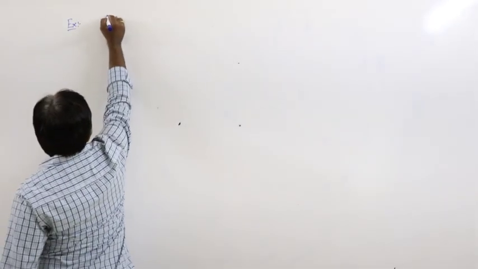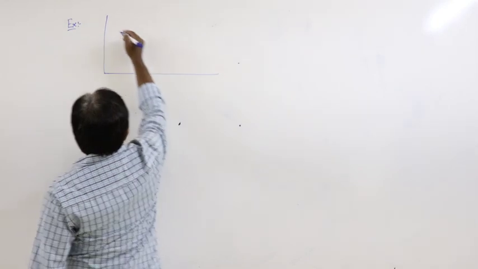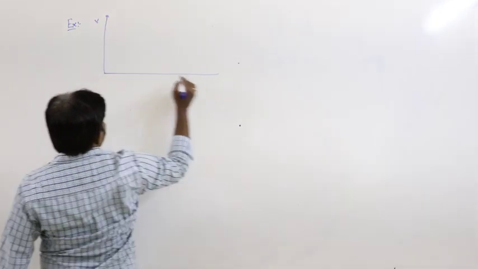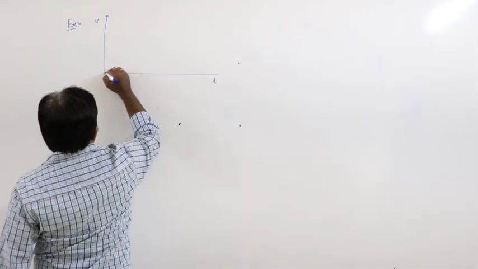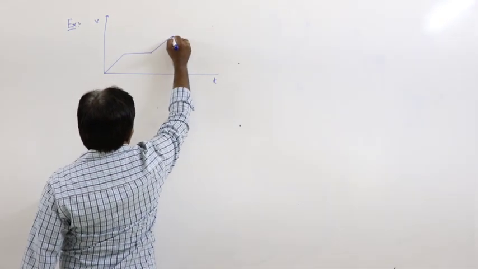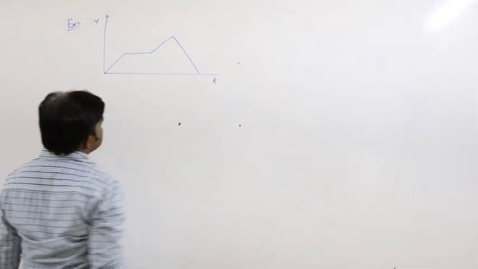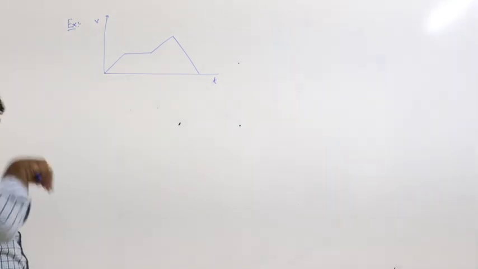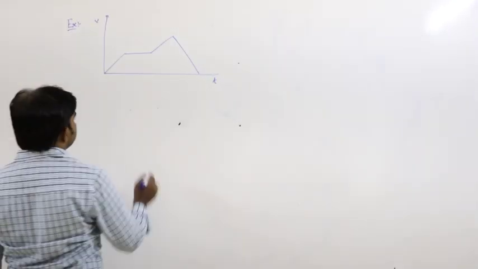Next, in these graphs, let us do one numerical. This is a velocity time graph. So the shape of the graph will be like that. That is the shape of the graph.